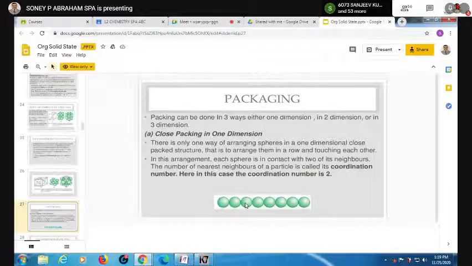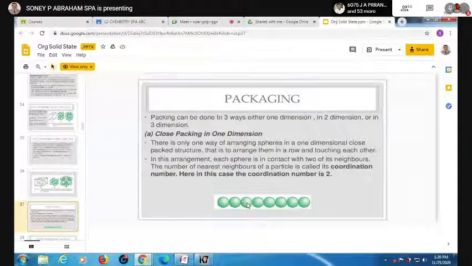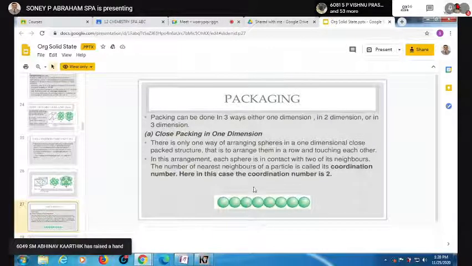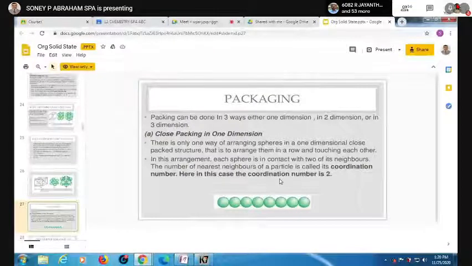If you take an atom, say the third one, to how many more atoms is this sphere in contact? 2. That 2 is called the coordination number. The number of nearest neighbors of a particle is called its coordination number.